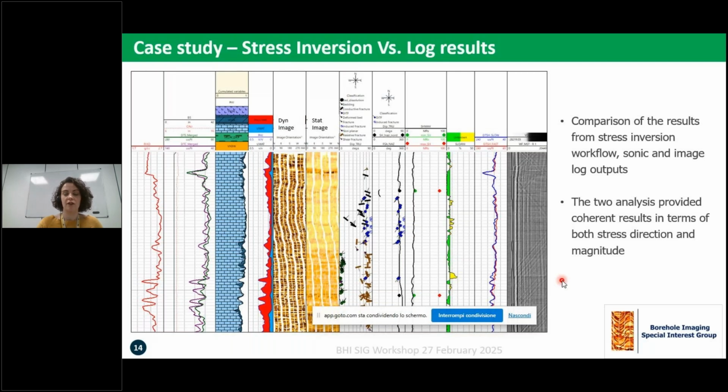So we compared all this information with our stress inversion workflow to determine important features not only for the wellbore stability analysis, in which geomechanical inputs are important, but also for the production and the operations in general.